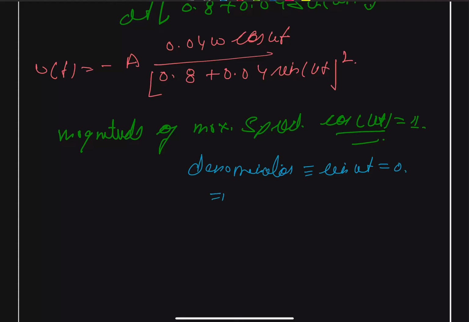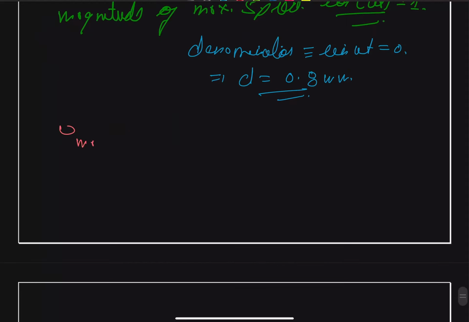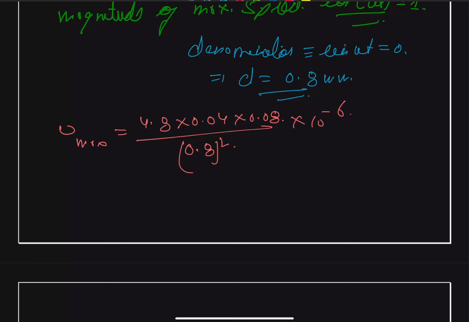From here we can say our d should be equal to 0.8 millimeter. Therefore our v max will be equal to 4.8 into 0.04 multiplied by 0.8, whole square, into 10 to the power minus 6.